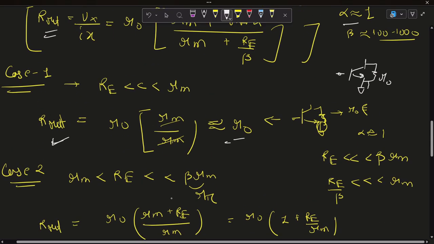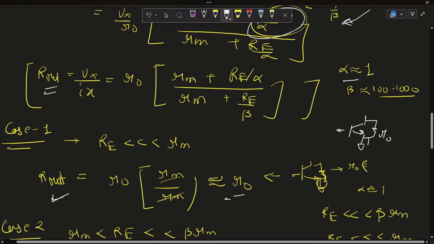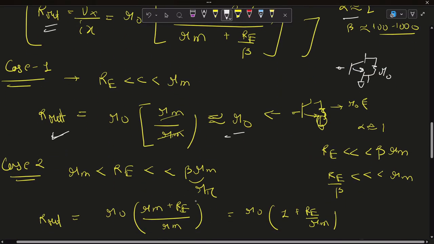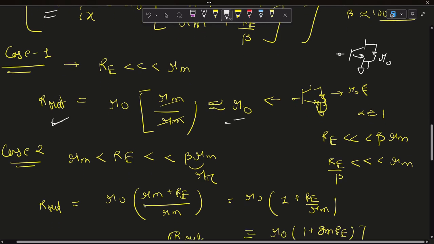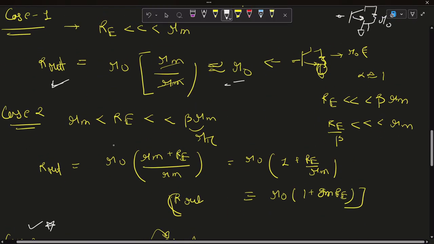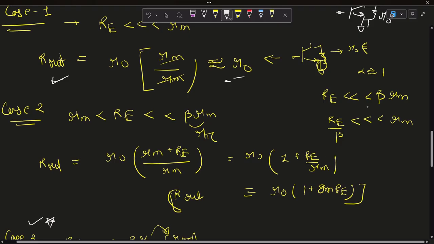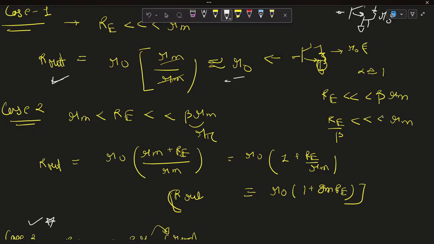So if we put this in the expression, Rm and Rm plus Re are comparable, so I am writing both as they are, and alpha is 1, so I am neglecting alpha as well. If we see here, Re is much less than beta Rm. So Re by beta is also much less than Rm.